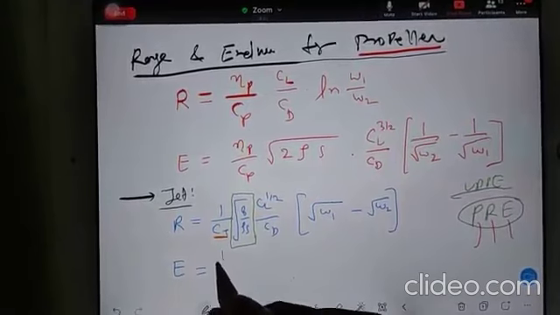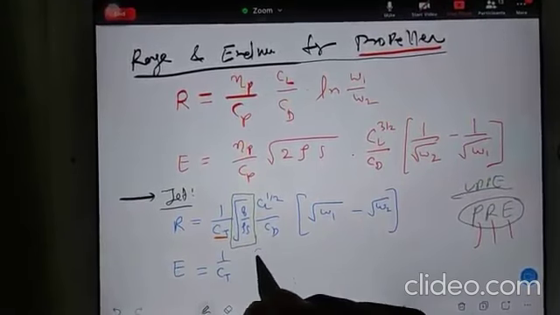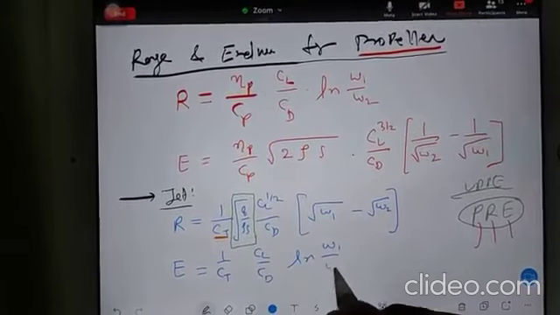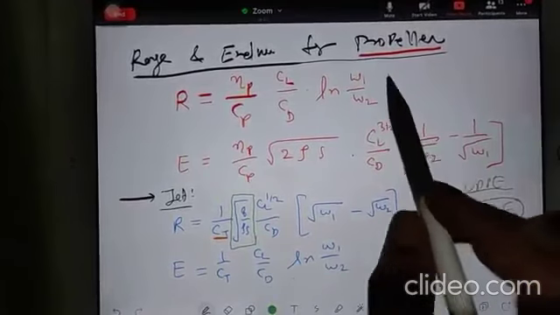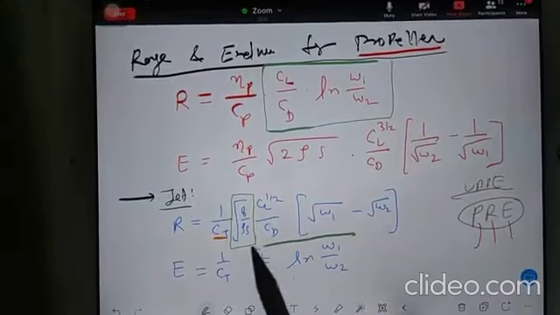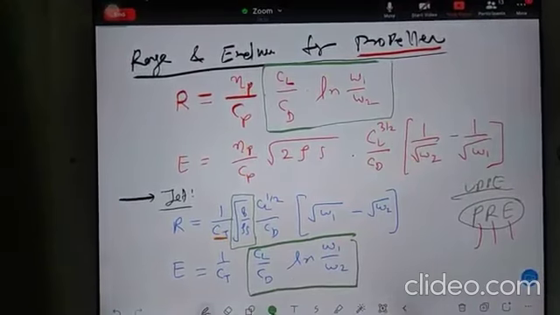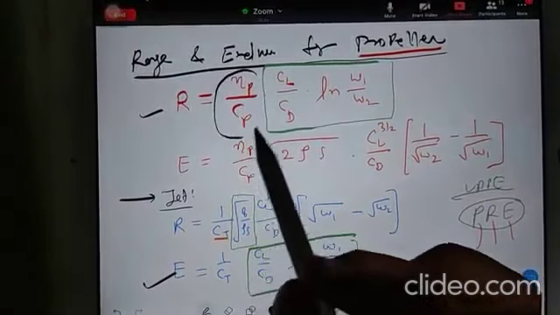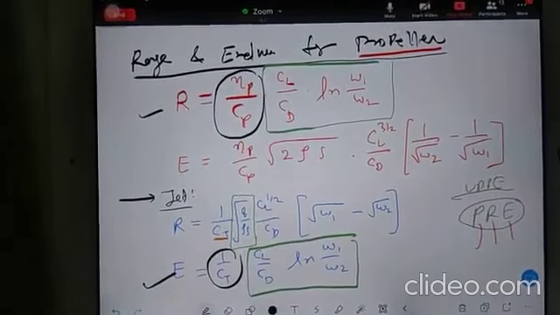First take down 1 by Ct, Cl by Cd, ln of W1 by W2. You can clearly see Cl by Cd ln W1 by W2 appears in both, they are the same, right? So the first formula and the last formula are the same, only here you have eta P by Cp, and here you have 1 by Ct.